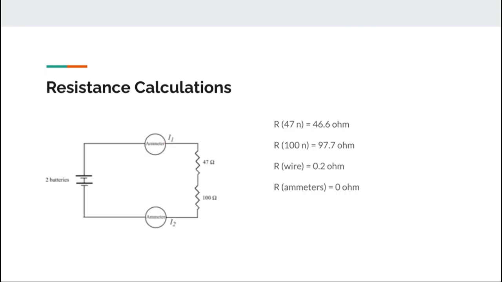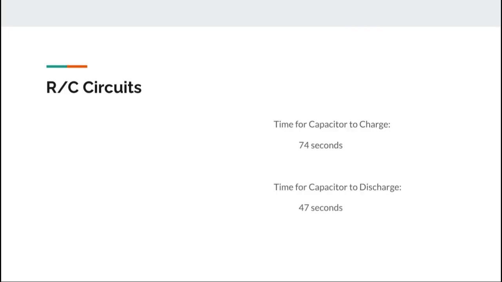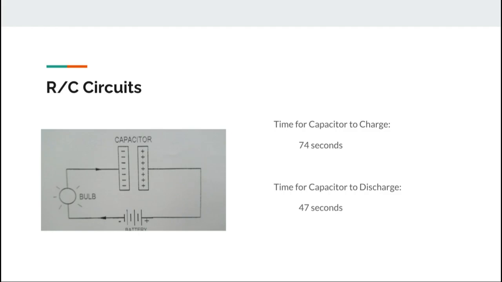So the resistance calculations, you had 46.6 ohms for the first resistor, 97.7 ohms for the second resistor, and the wire was just 0.2 ohms, and the ammeter 0 ohms.